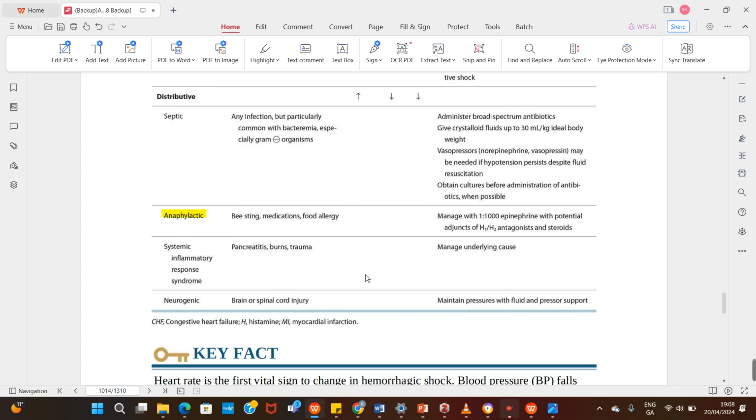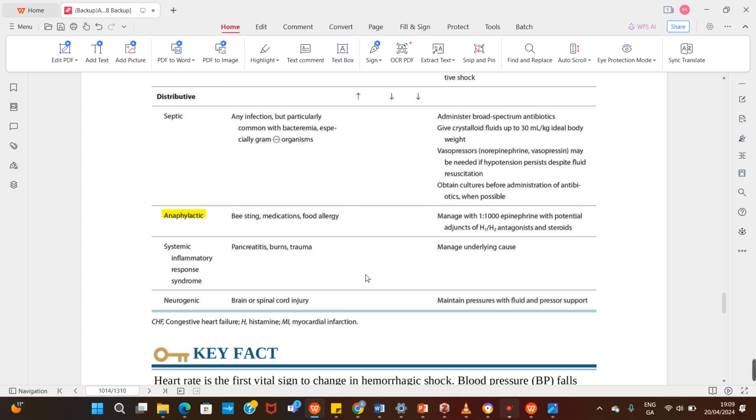When they take those foods, they have been sensitized, and they just have that allergic episode, and they start presenting with angioedema, facial swelling, wheezing, hypotension, urticaria, and all those things. So once you see in the question stem that somebody gets exposed to bee sting or uses some medication and suddenly becomes hypotensive with rash, wheezing, bronchospasm, think about anaphylactic shock, because those patients have type 1 hypersensitivity, with release of mediators like histamine, leukotrienes, and all those things from the mast cells and basophils.